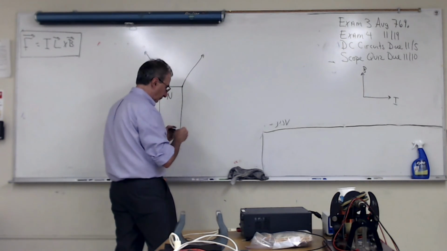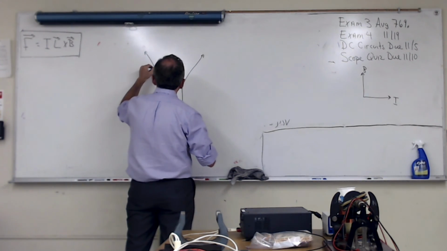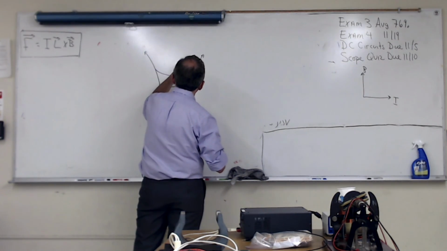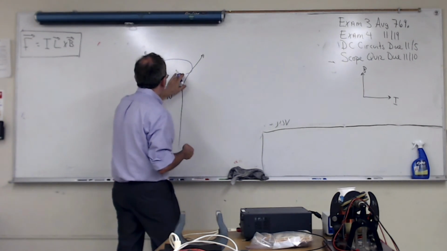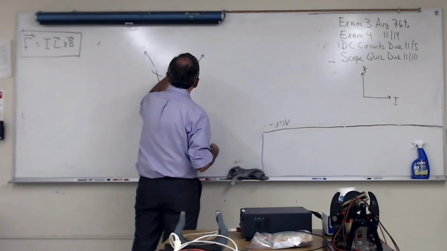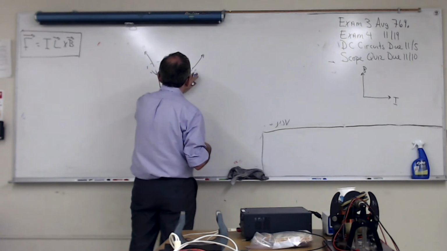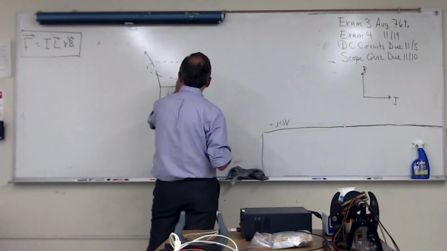I just drew two of the field lines. And let me put a loop of wire in the magnetic field. I don't know if that's a good picture or not, but I hope you get the picture. I'm not an artist, sorry. This is a loop of wire carrying current I.